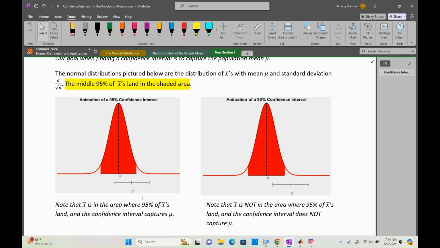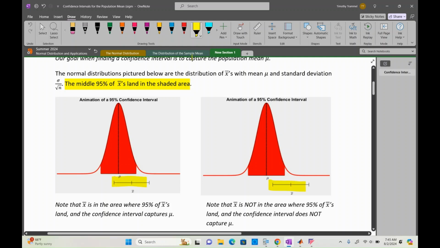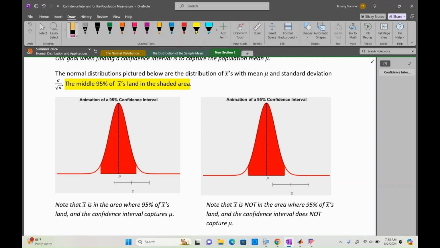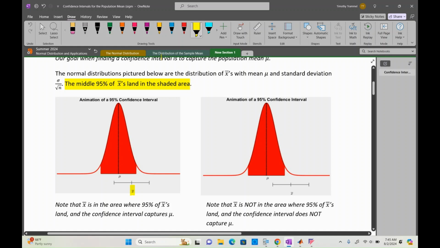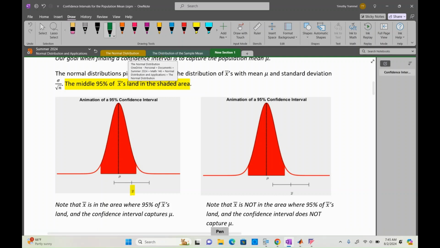Now here's the next thing. Now that we have that part taken care of, I'm going to highlight it. These things down here are confidence intervals. What I want you to see is that in one case, our sample mean X bar is within this range where 95% of X bars will land.